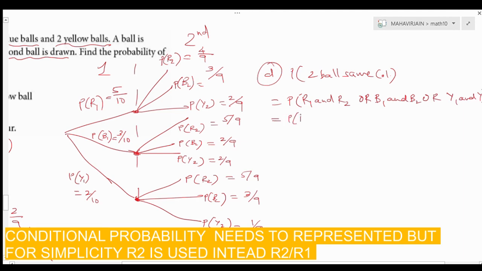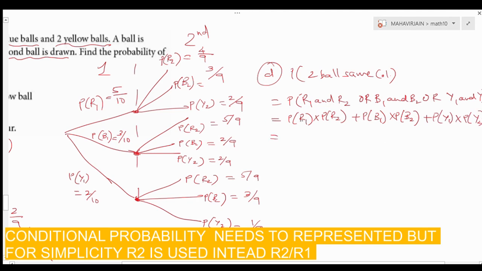P of R1 and R2 of the same branch. Please don't make a mistake. P of B1 and B2 of the same branch. I'm emphasizing things. Or means plus P of Y1 and P of Y2 of the same branch. Clear?